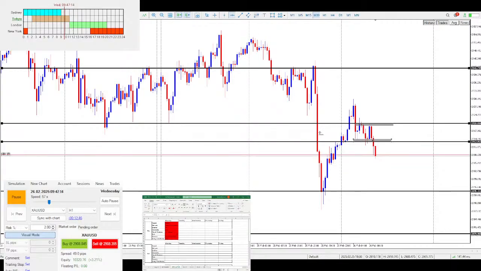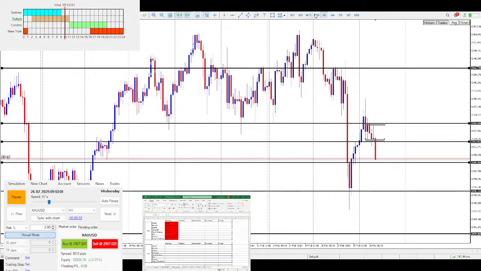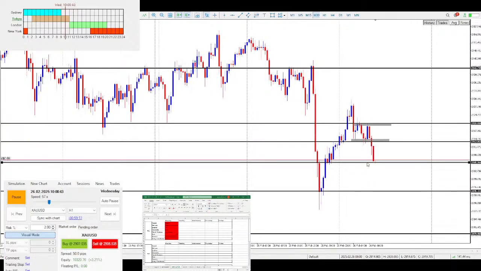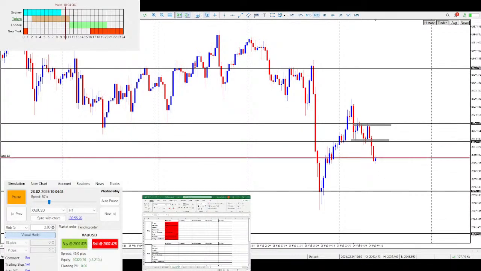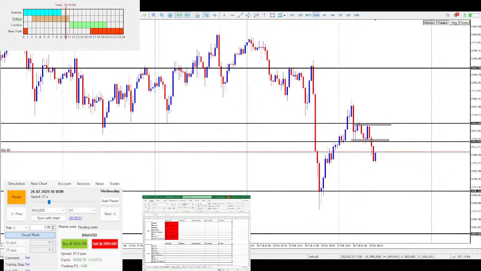So you can observe that there is this support here. One hour to the London Open, price is still moving bearish. There is no structure to form.